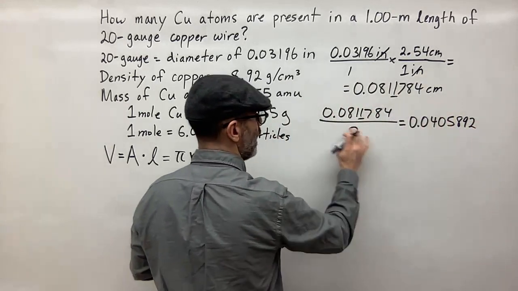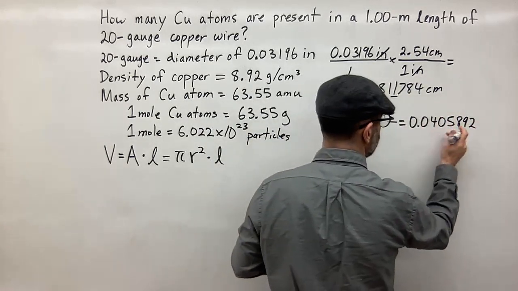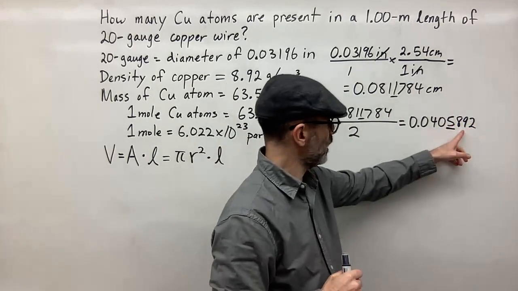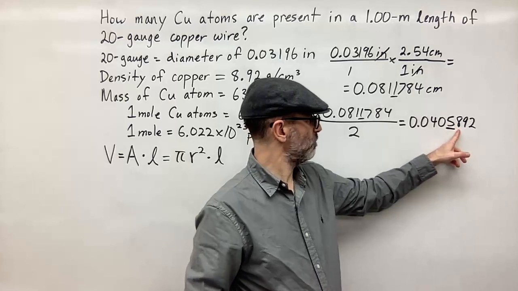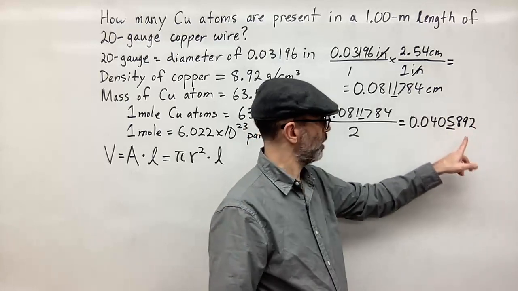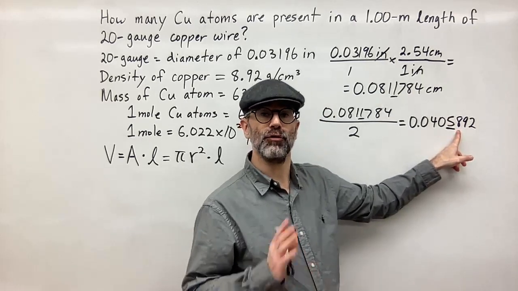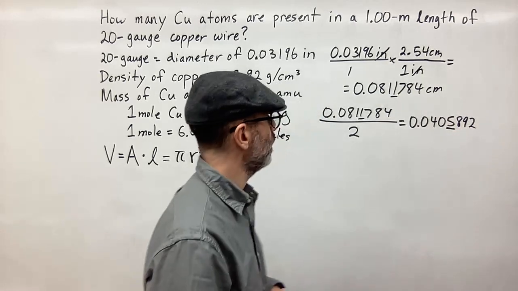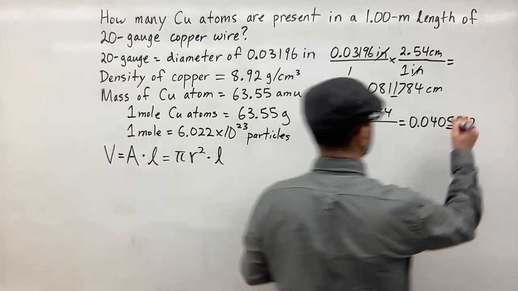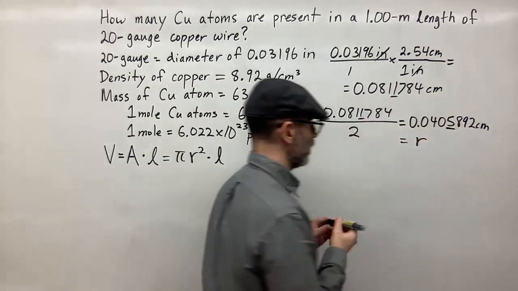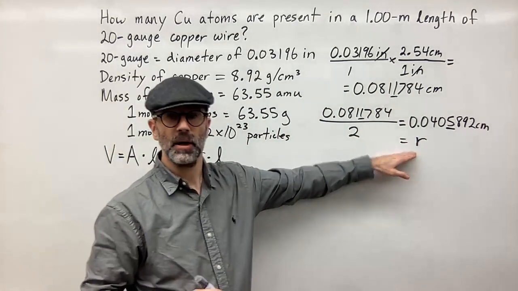And again, since this has 3 sig figs, 1, 2, 3, that's 3 sig figs. You can keep up to the 8. You can keep the 92, it doesn't matter, but really you don't need the 92. You could just keep the 8. That should be enough to avoid rounding errors. Okay, so this is in centimeters, and this is equal to r, the radius. So I found the radius in centimeters.